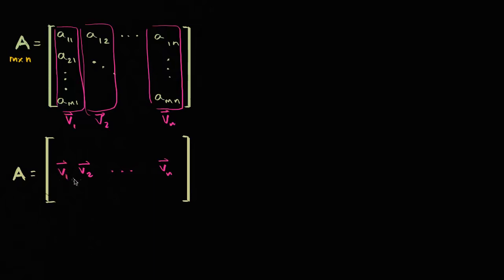Now I said I want to relate the linear independence of these vectors to the null space of A. So let's remind ourselves what the null space of A even is.